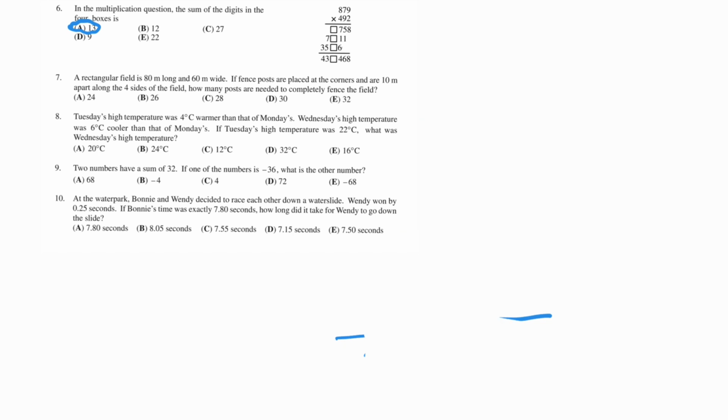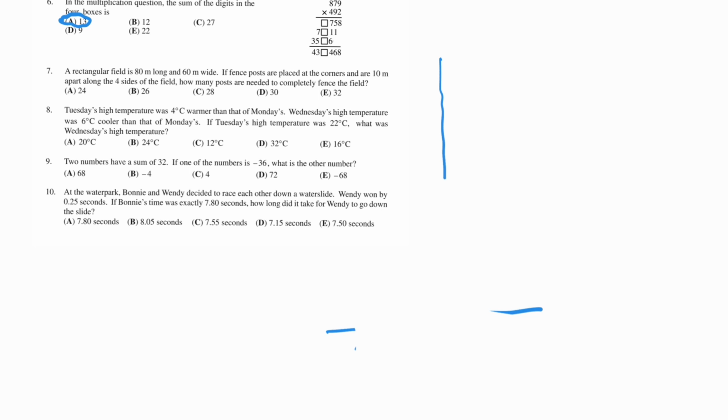Number 7. A rectangular field is 80 meters long and 6 meters wide. If fence posts are placed at the corners and are 10 meters apart along the four sides of the field, how many posts are needed to completely fence the field?